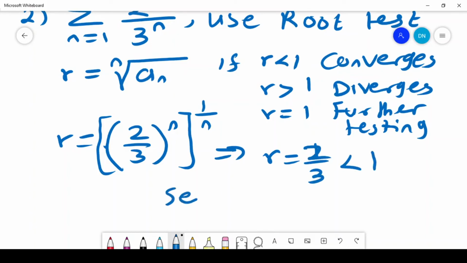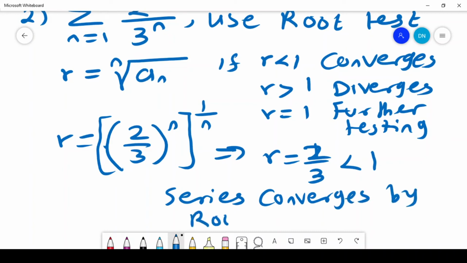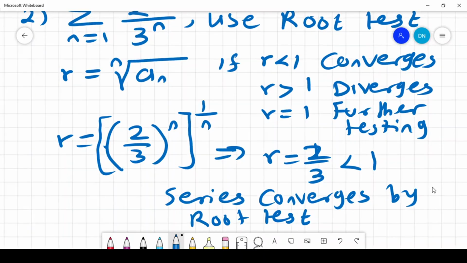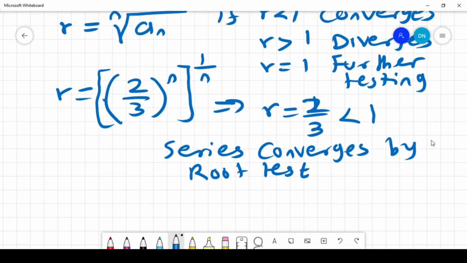So the series converges by the root test. So that's the other thing that we found. Now with the second method, the root test, the series converges. We can look at another method, the third method.